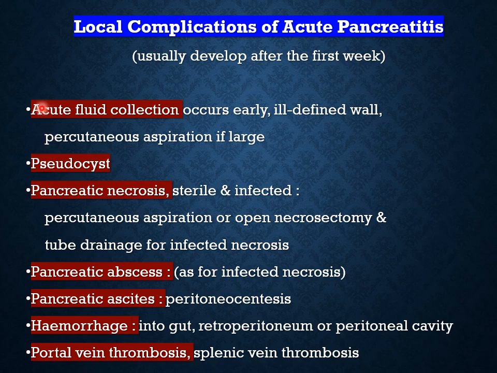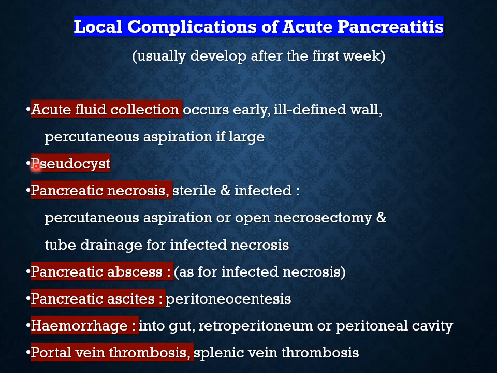Local complications are more common than systemic complications. Local complications usually develop after the first week, and these usually include acute fluid collection. This occurs early and is not yet in a defined wall, around the pancreas.